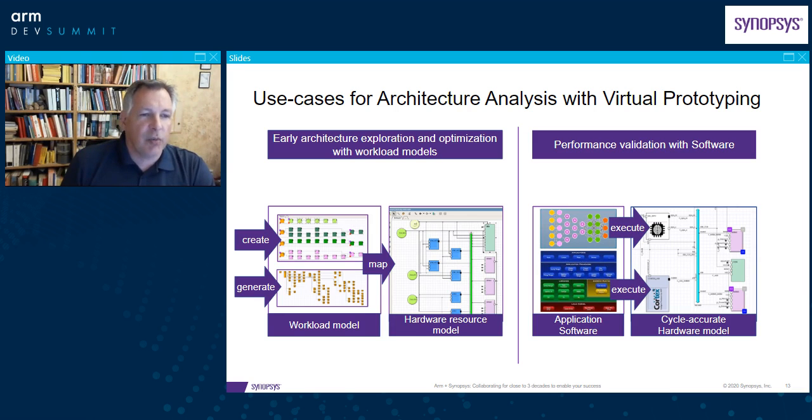Typically, the next step would be the validation and calibration of these early analysis results, now using the meanwhile at least partially available software, which you see here on the left-hand side, this application software, and more accurate hardware components. In this case, you see ARM cycle models used.